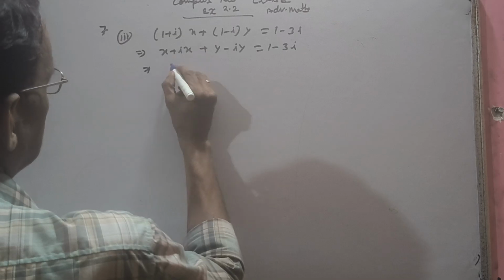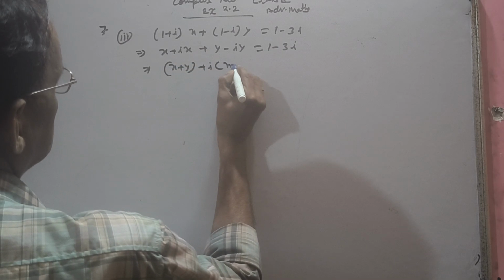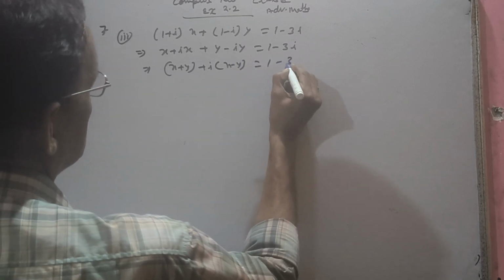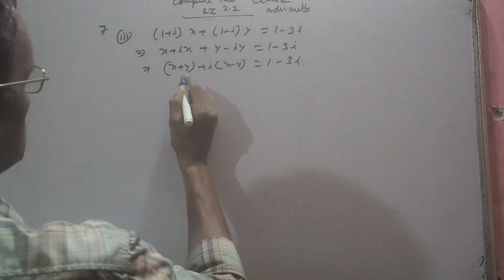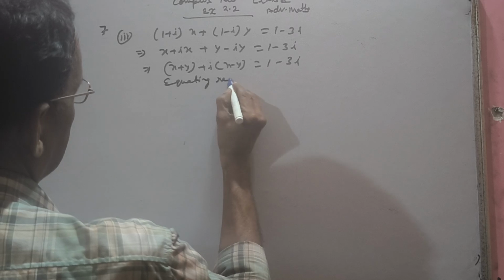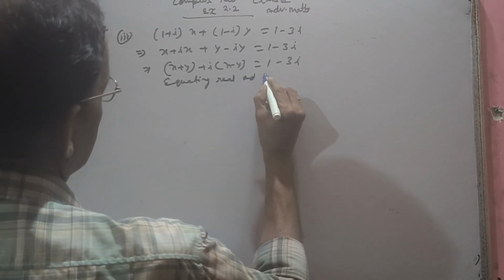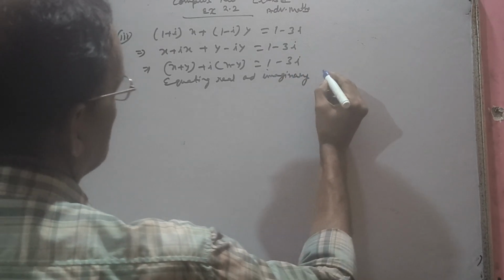So real part x plus y, and i is common, then (x minus y) i is equal to 1 minus 3i. Now we have already turned it into the form of a plus ib, so you can write, equating real and imaginary parts.